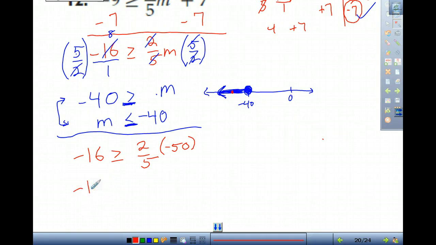So here we go. Is negative 16 bigger than this? Let's see here. 5 goes into 50 10 times. So now we have 2 times 10 with a negative. Negative 20. Is this true? Is negative 16 bigger than negative 20?